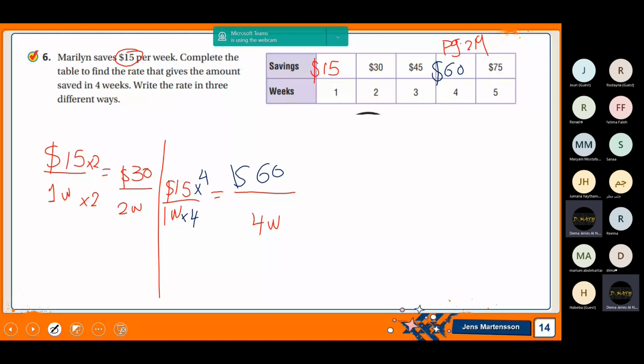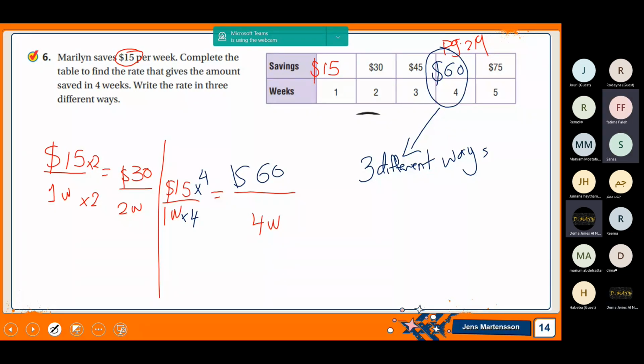Now, complete the table to find the rate that gives the amount saved in 4 weeks. Then write the rate in 3 different ways. Let's find this one as an example. How will you write it in 3 different ways? Yes, Fatima.